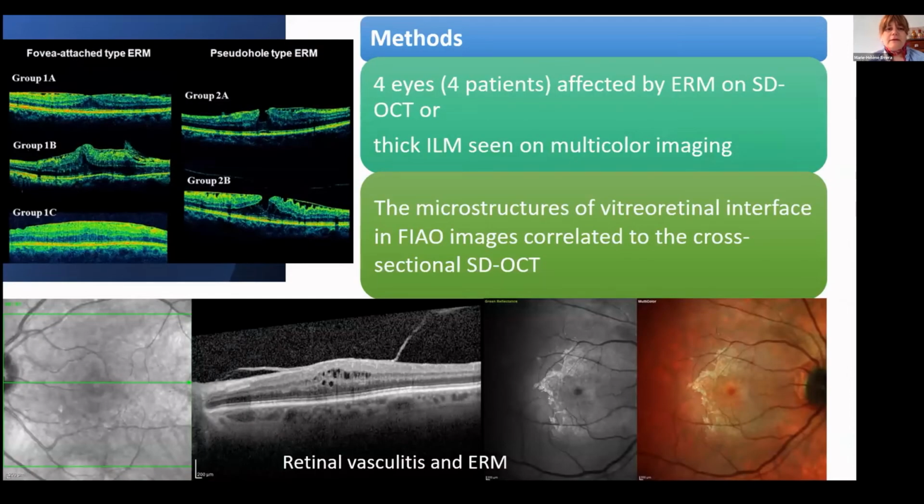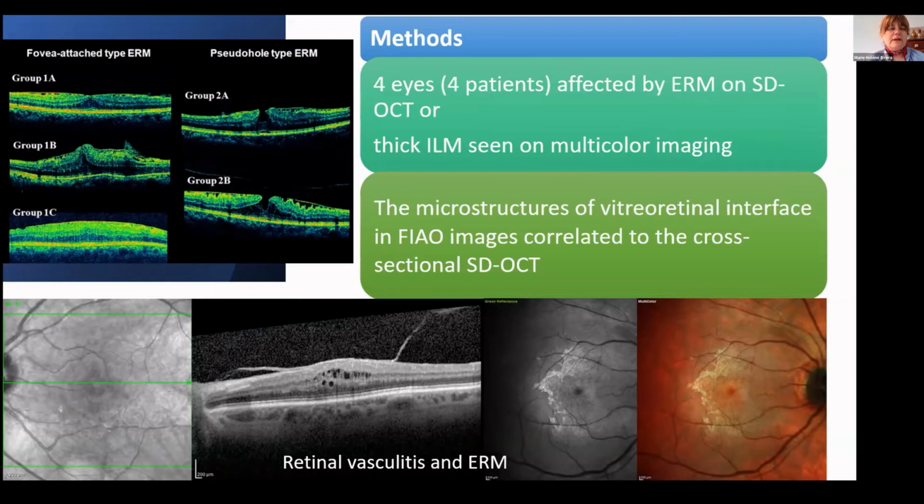In that current study, we imaged 4 eyes of 4 patients with uveitis, inflammatory eye disease, and those patients were either affected by epiretinal membrane, shown on OCT, we selected patients from group 1A ERM.